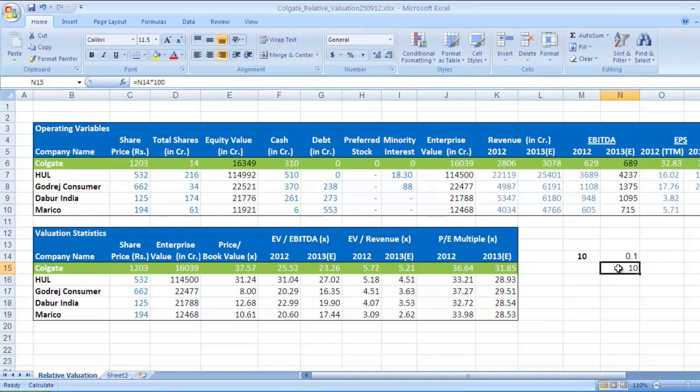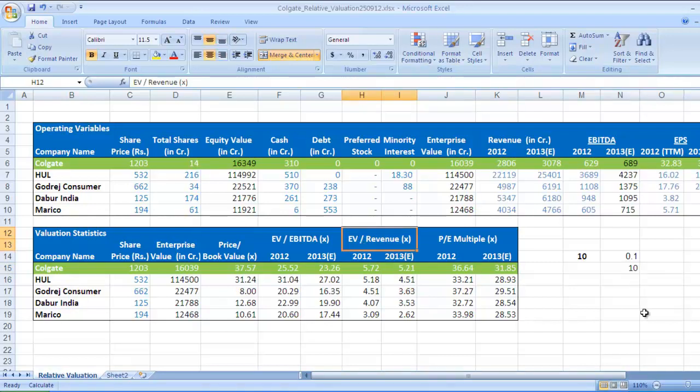So 10% is what the acquirer would earn if it invests in enterprise value. So always check from this angle: the higher the enterprise value multiple, the lower the earnings capacity the company will have. Any acquirer would take that into account.